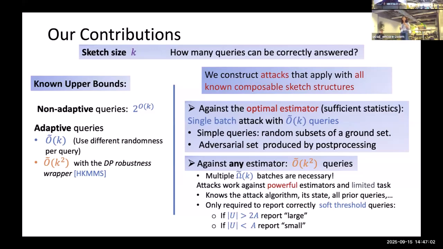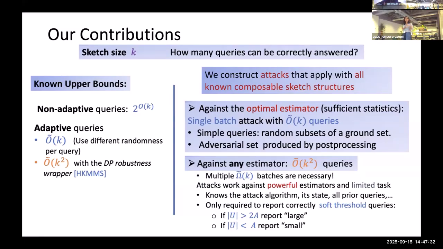For our work, we look at the known estimators such as min hash or HyperLogLog, or the ones that depend on the k highest priority keys, and then we consider the case that we have access to the optimal estimator, which gives us the exact estimate of the size.